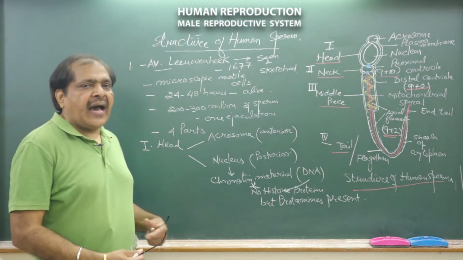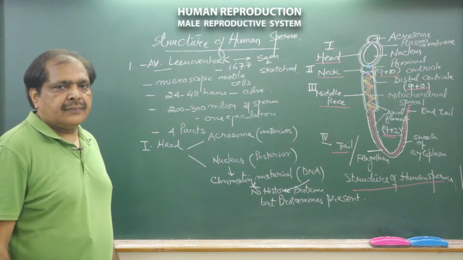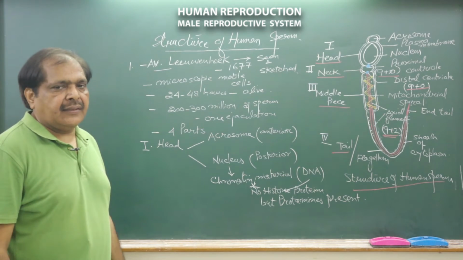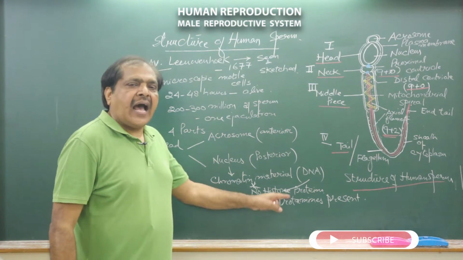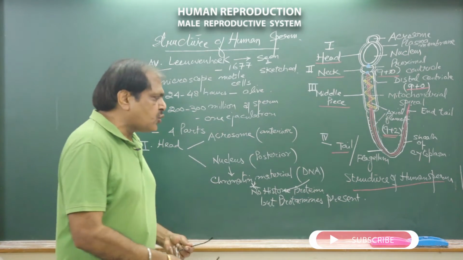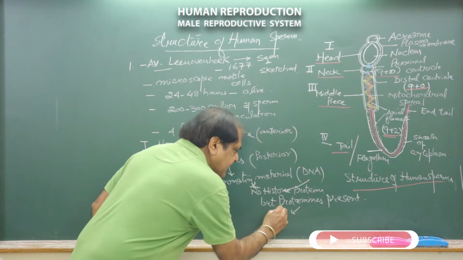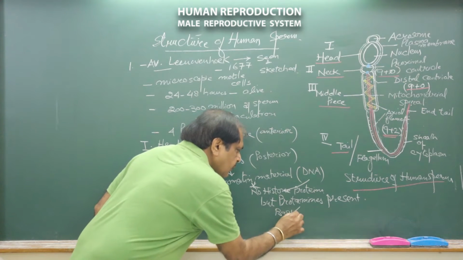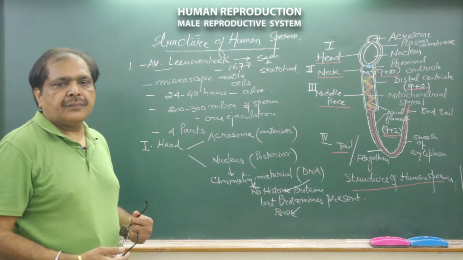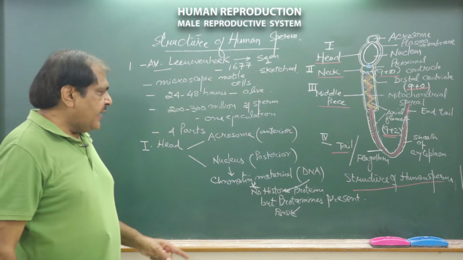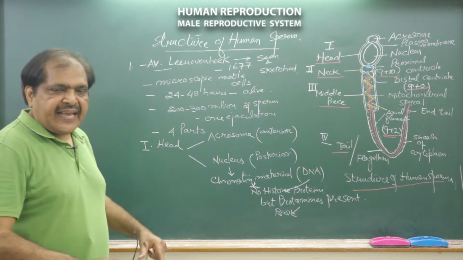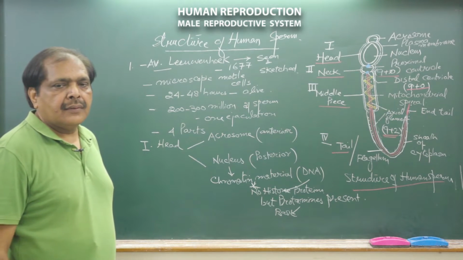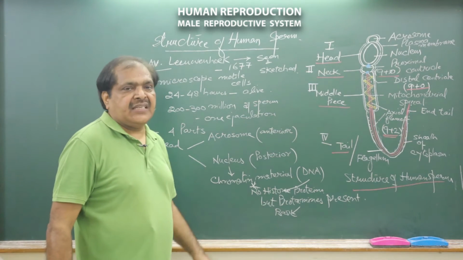Histones are made up of arginine and lysine. You know it already, we have studied it in 11th standard. These protamines are arginine rich proteins. They are also basic proteins. Again, instead of histone proteins, the DNA contains the protamines.